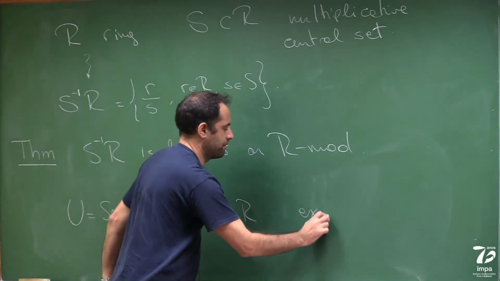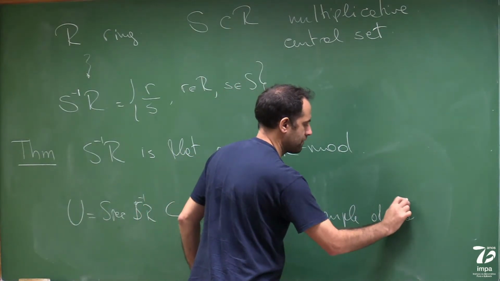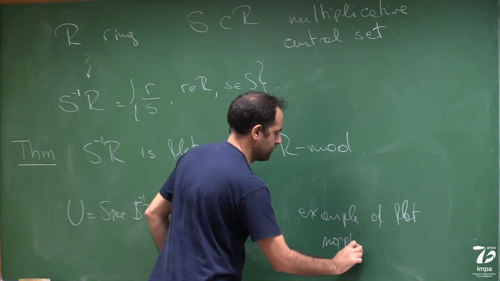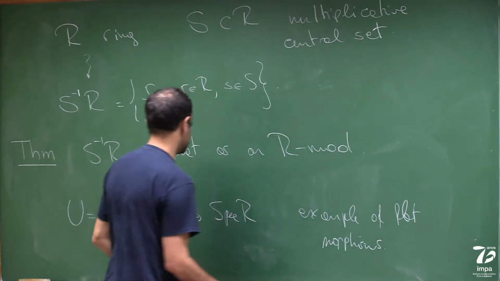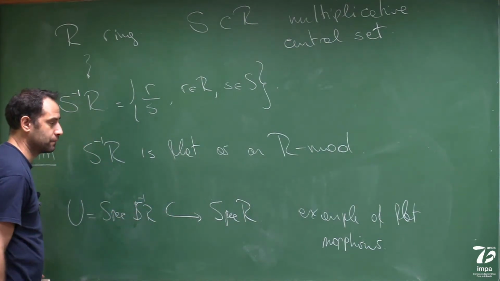An example of flat morphisms, in the sense that this guy is a flat R module.